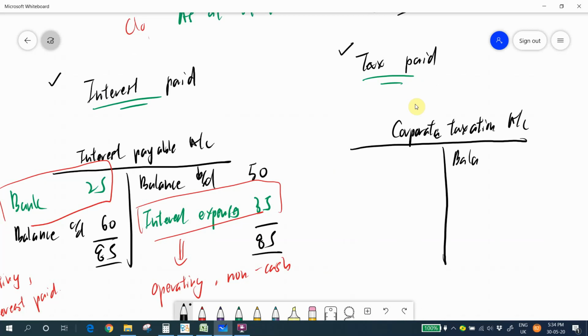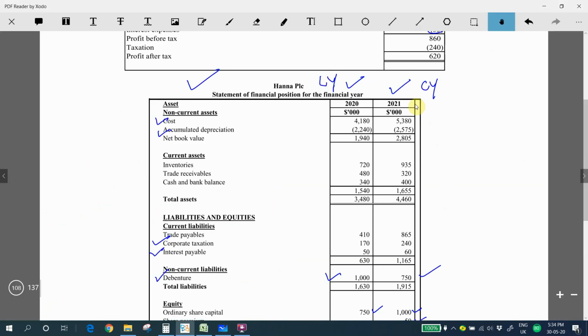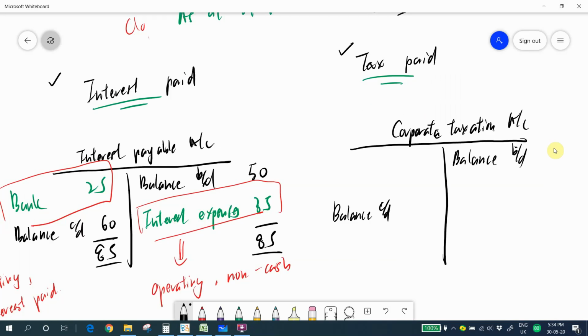Our opening balance will be on the credit, the closing will be on the debit. So we indicate the amount. Opening is 170, closing is 240. So what is the information that will appear in your corporate taxation account?